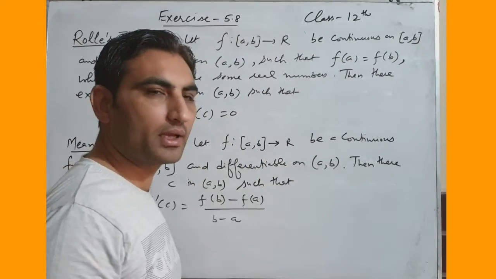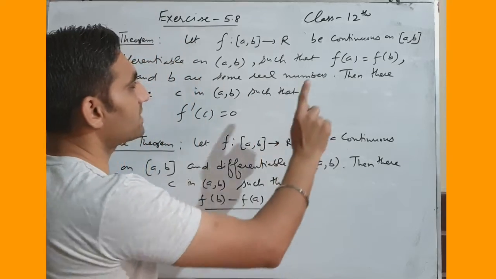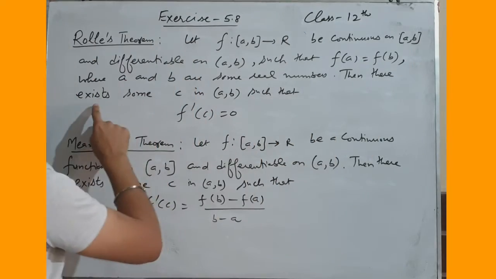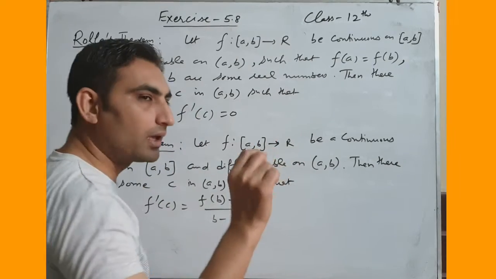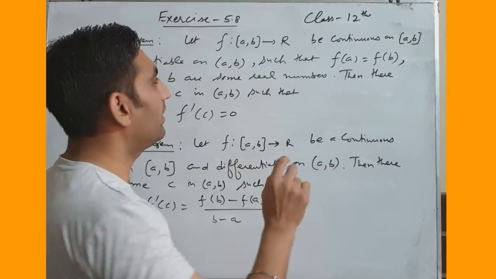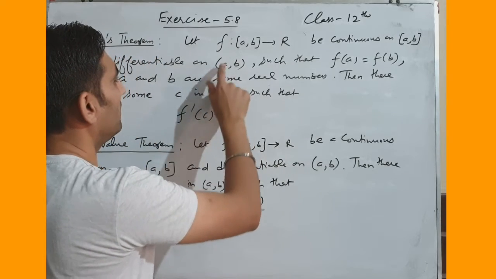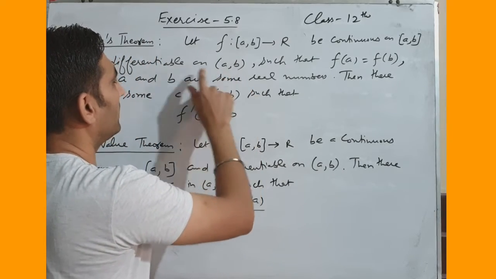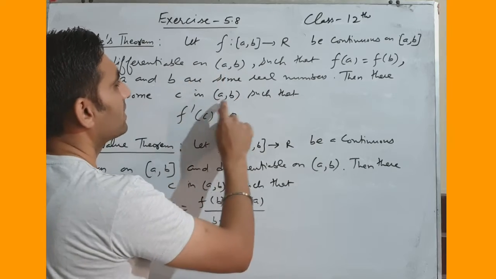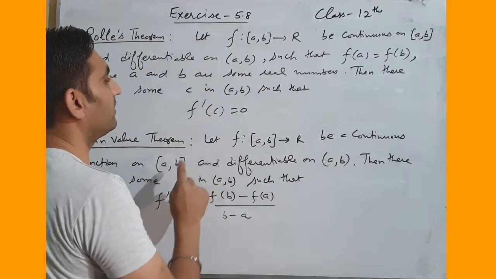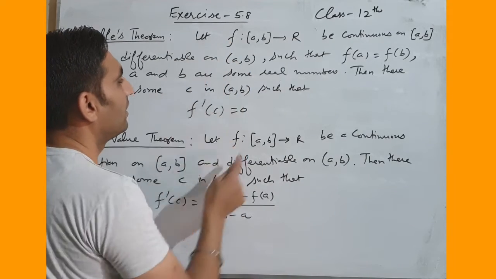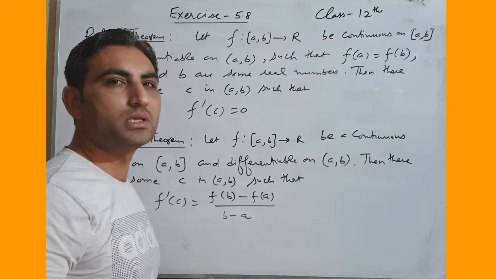Then there exists some c in the open interval (a, b), meaning there will be one number between a and b in the open interval on which it was differentiable, such that the derivative of your given function at that number c will be equal to 0.